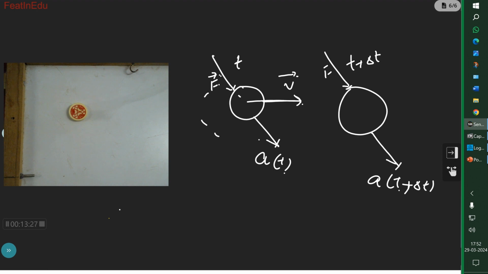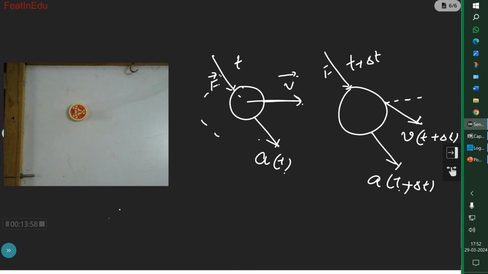But you will see that this velocity vector, which was like this, would now have become something like this, at time t plus delta t. Instantly it did not happen. At delta t, this happened. But during the delta t, neither the force has changed nor the acceleration. The acceleration vector came into the picture at time t, but the velocity vector changed significantly only after time delta t. This is the picture. Got it?